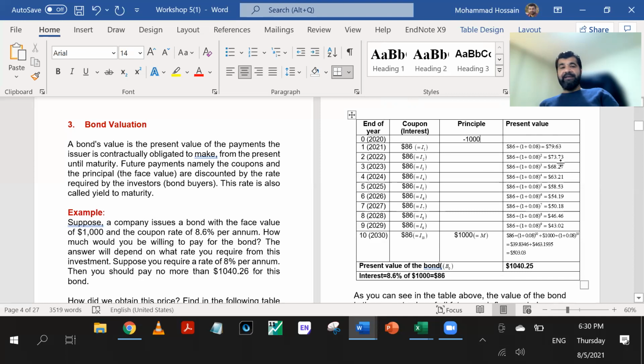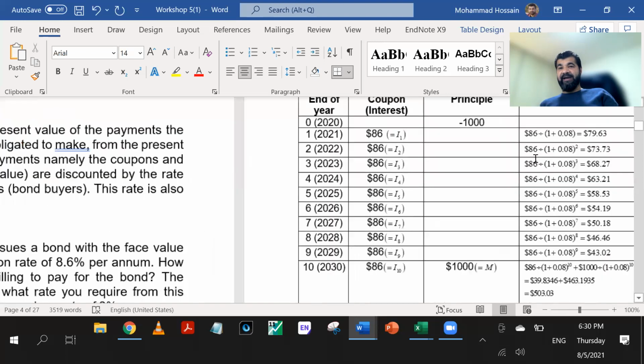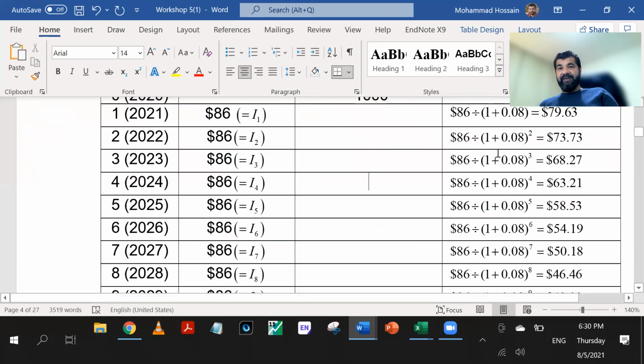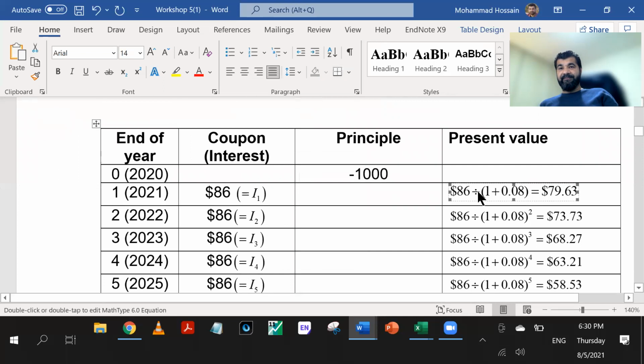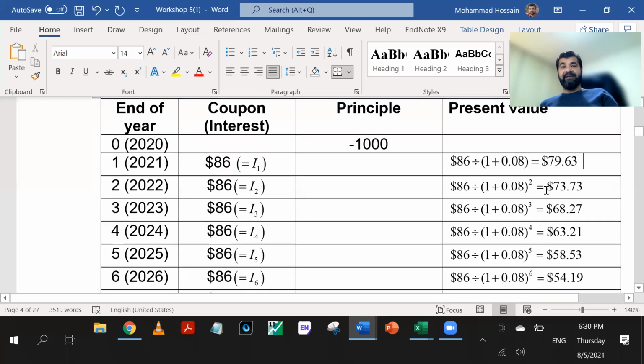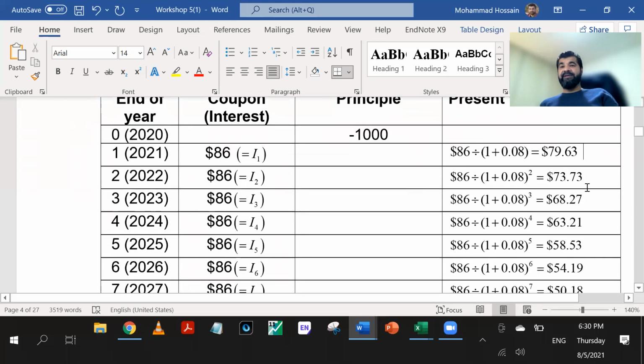That's exactly what we have done here. We calculated the present value of these numbers: 86 divided by this, using the present value formula. The $86 in the first year has a present value today of 79. 86 in the second year is 73, like this.